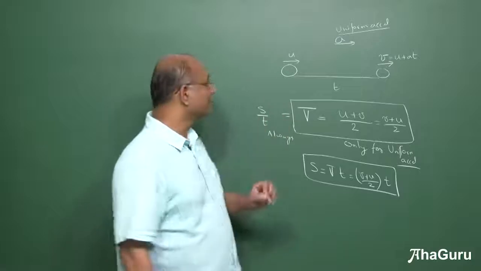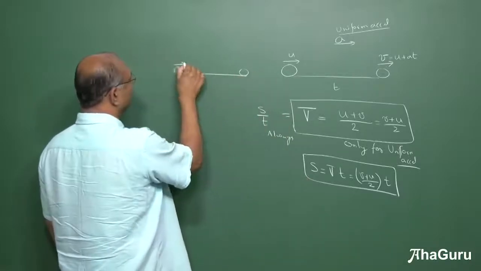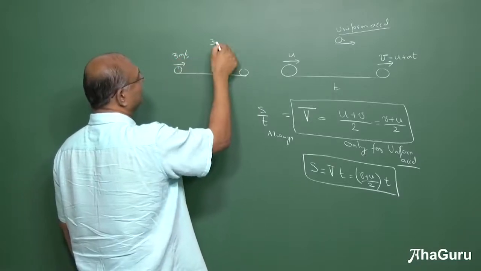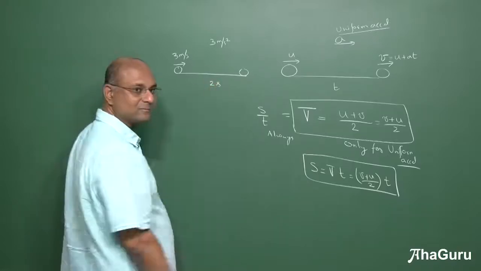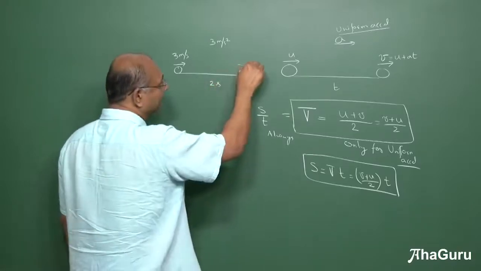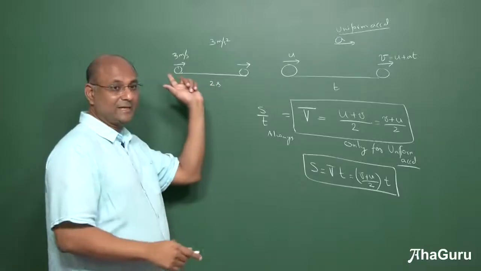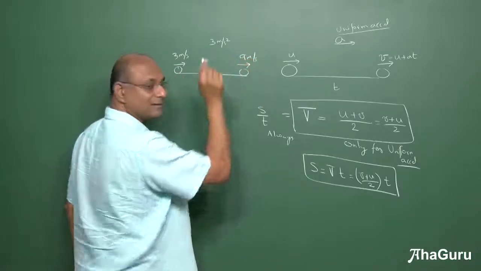Let us take an example. So for example, if I tell you that there is an object which was moving at 3 meters per second and has an acceleration of, let us say, 3 meters per second square for 2 seconds. What is its final velocity? At 6, 6 plus 3, 9. So this is 9 meters per second.